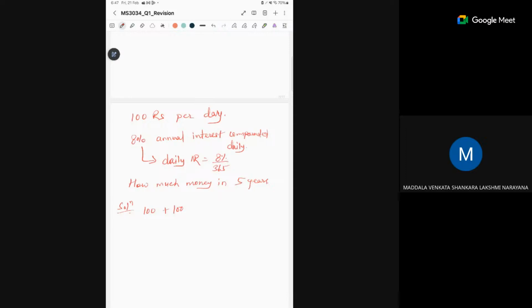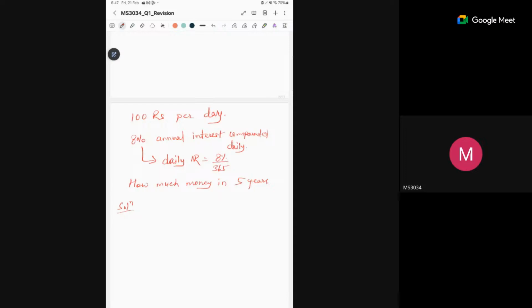Excuse me, sir. Can I use e to the power of RT? No, here it is not saying continuously compounded; it is daily compounded. Suppose I use R as 8% divided by 365 and T as 5 into 365. You can check; in this case you may get approximately the same answer, but not exactly the same, I think.